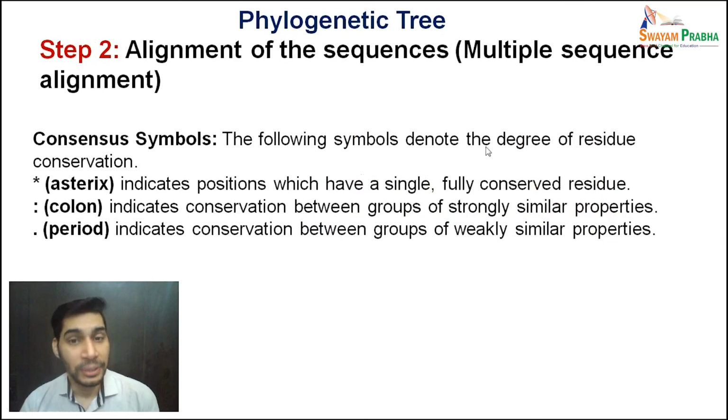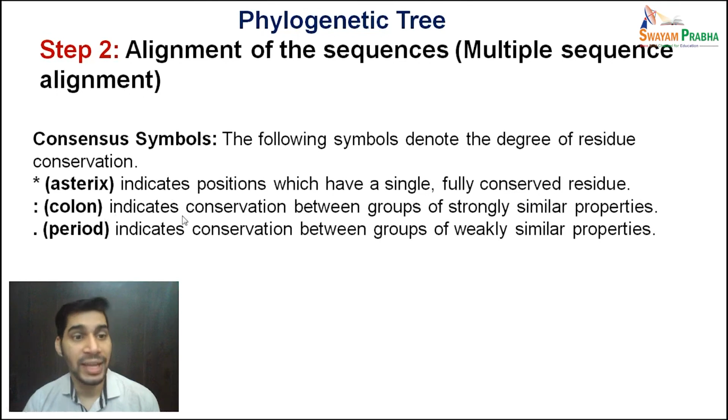They denote the degree of residue conservation. For example, if you compare 3 or 4 species sequences and at a position you see an asterisk has been marked after multiple sequence alignment by the software, it indicates the positions which have a single fully conserved residue.